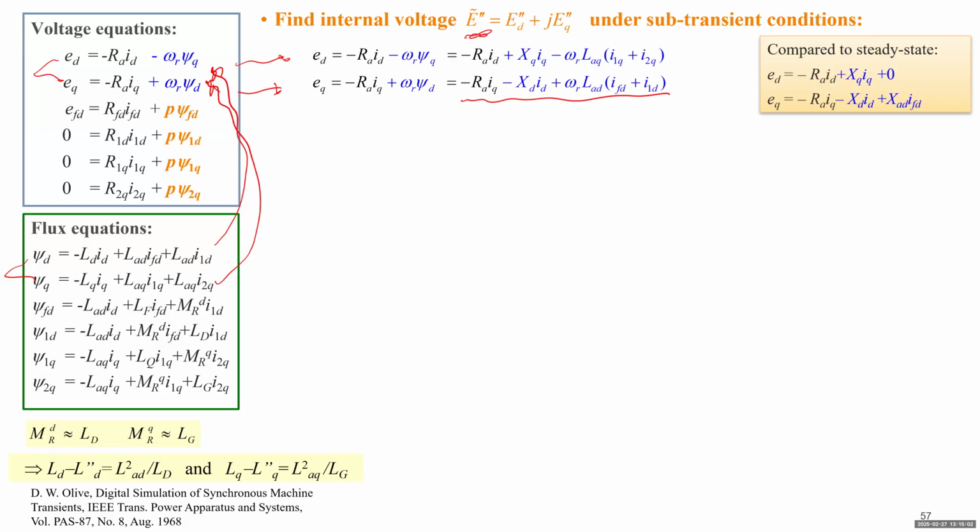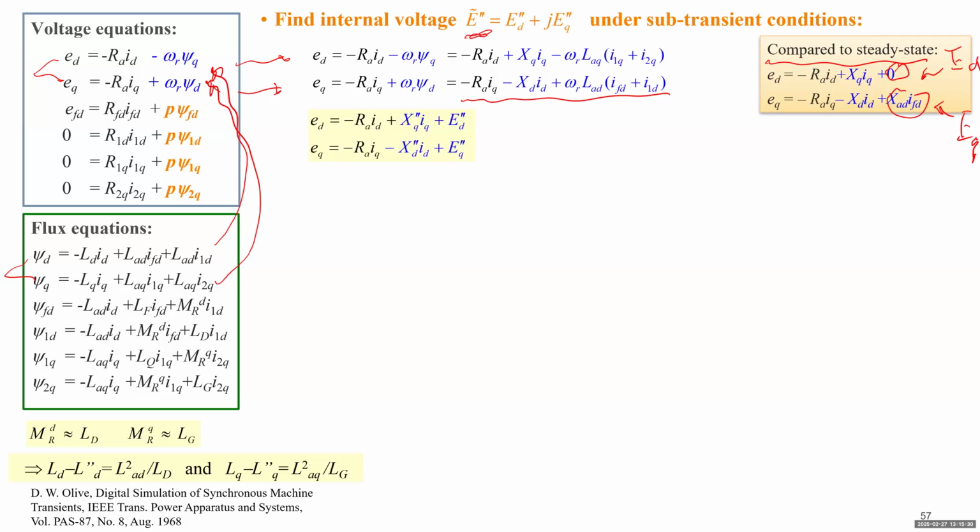Then we compare with the steady state equation. For the steady state equation, we know that the last item is basically just ED and EQ. So we are going to make some changes on the two accurate equations based on the structure of the steady state equation.